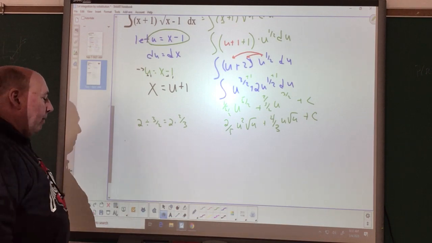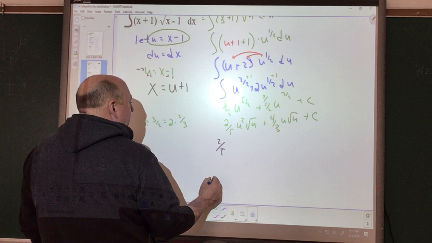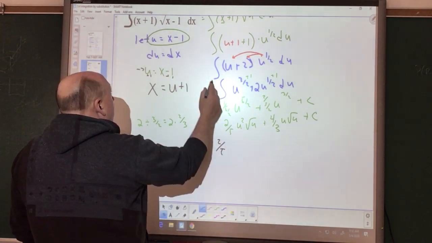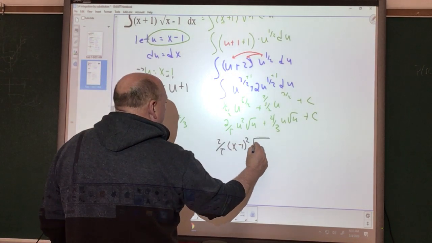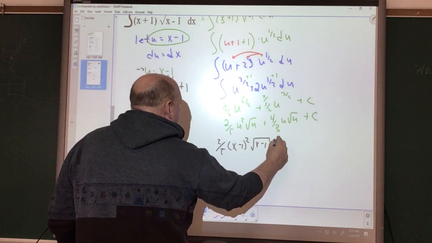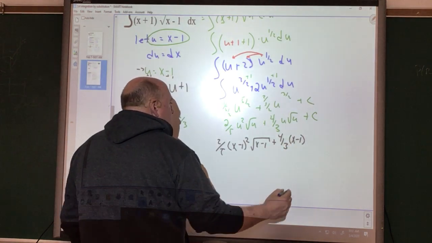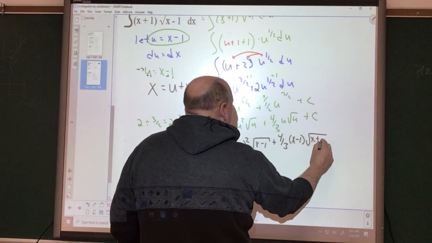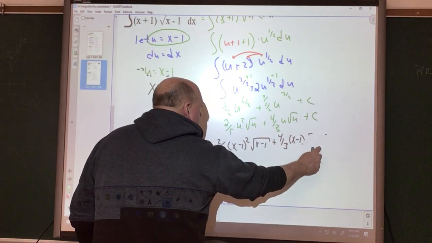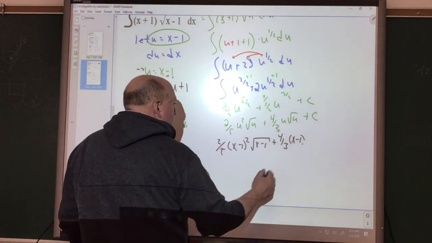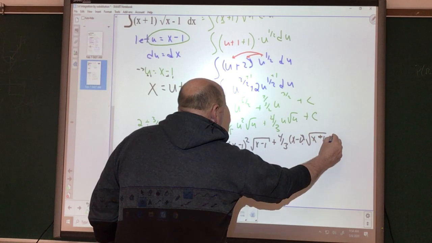And finally, making your back substitution, where u is equal to x minus 1, we're left with 2/5 (x minus 1) squared square root of x minus 1 plus 4/3 (x minus 1) square root of x minus 1 plus c.